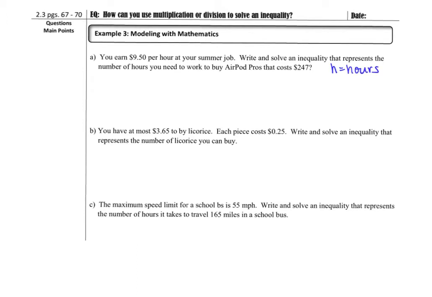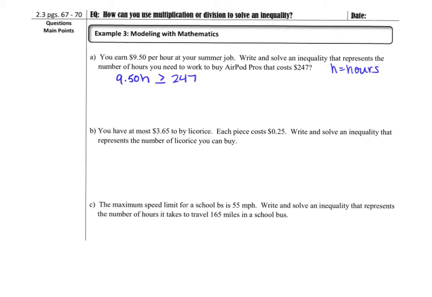stand for our hours. So if I make $9.50 per hour and I want to make money that's greater than or equal to $247, I want to figure out how many hours I need to work to earn the minimum amount needed to purchase the AirPods, so greater than or equal to.